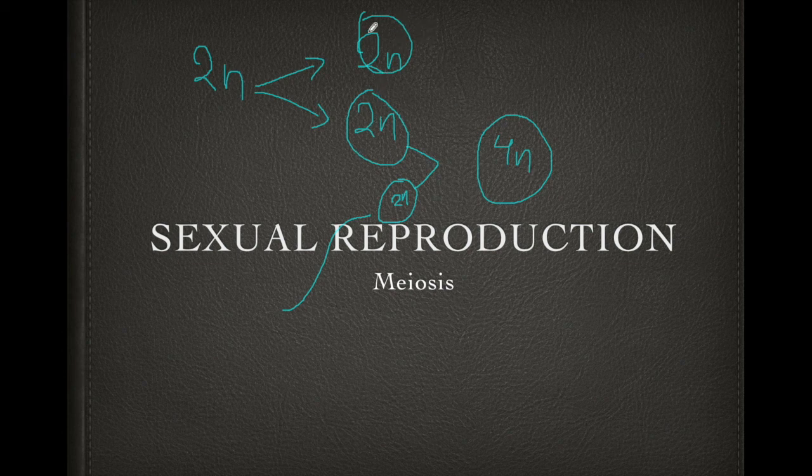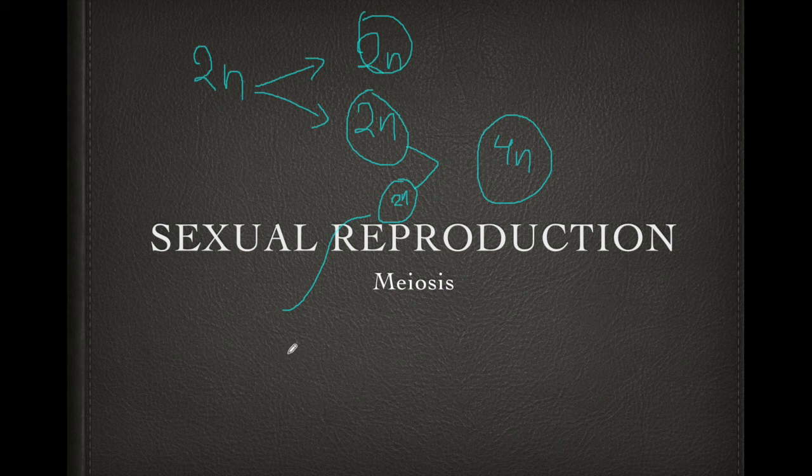Unlike mitosis, in which the chromosome number stays the same, maybe the number of DNA molecules isn't the same, because here the 2n means each chromosome has two DNA molecules, while here the 2n, each chromosome has one DNA molecule. But these are identical, so we shouldn't even talk about that. We need a type of division that halves the chromosome number.